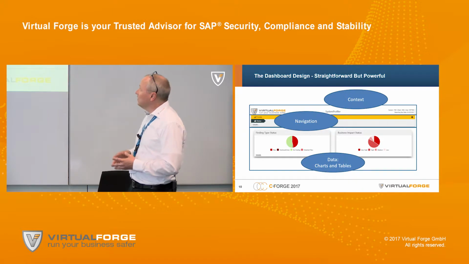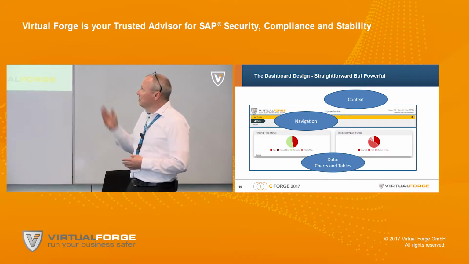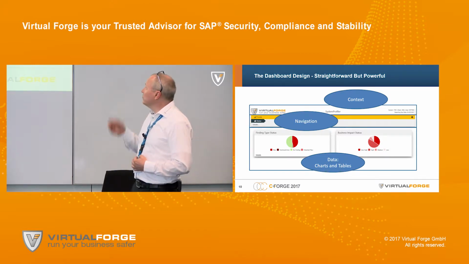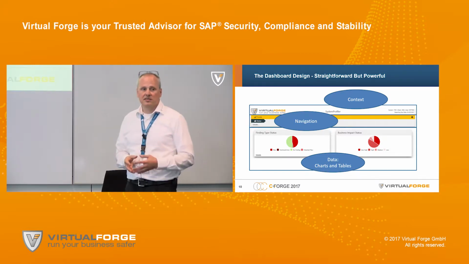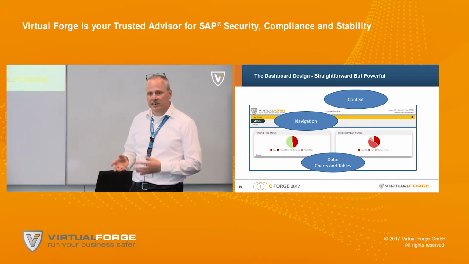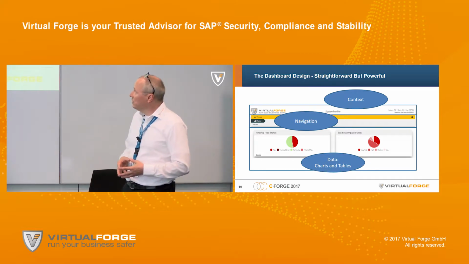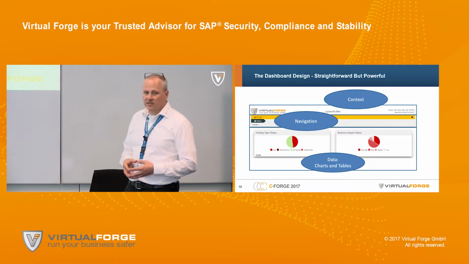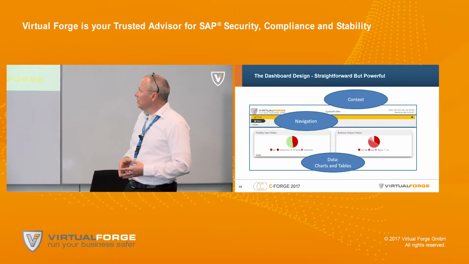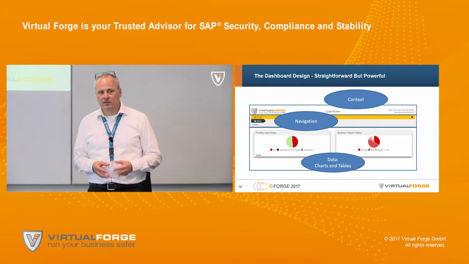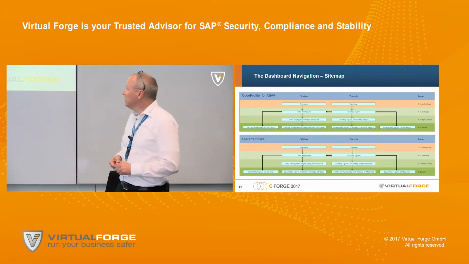The header contains the data provider, so CodeProfiler, SystemProfiler, and information on the system and the key date and the user, and it will contain further information in the next versions. We're already planning to extend the header information. The second part of the dashboard is always a navigation pane. I will explain this later. And in the main part, the lower part, the data is displayed in form of charts or tables.